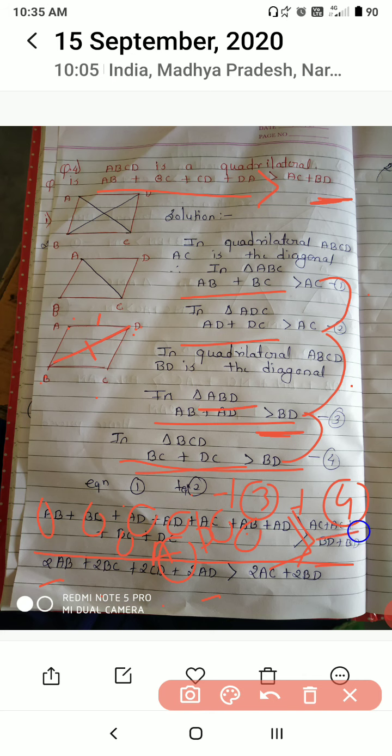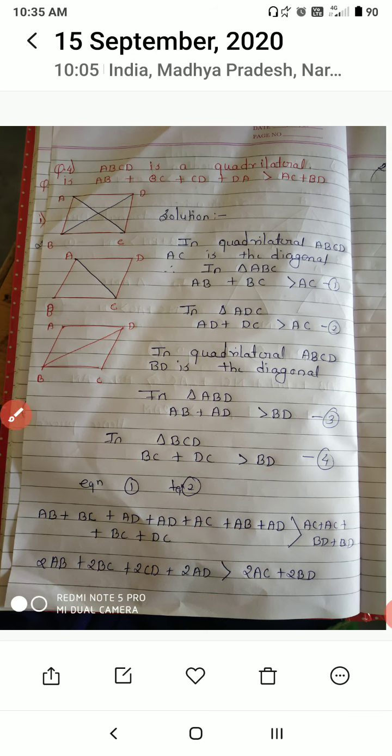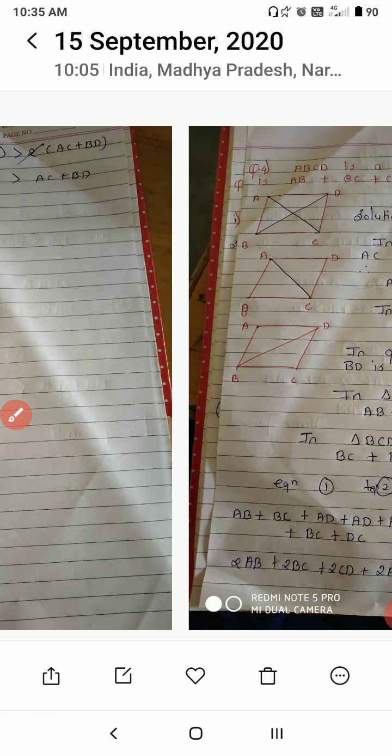Greater than AC plus AC, twice AC. BD plus BD, twice BD. Then what you will get? Twice of AB plus twice of BC plus twice of CD plus twice of AD greater than twice of AC plus twice of BD. Then from that equation you will take 2 as common.